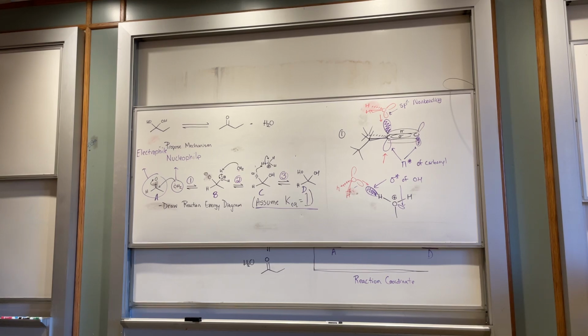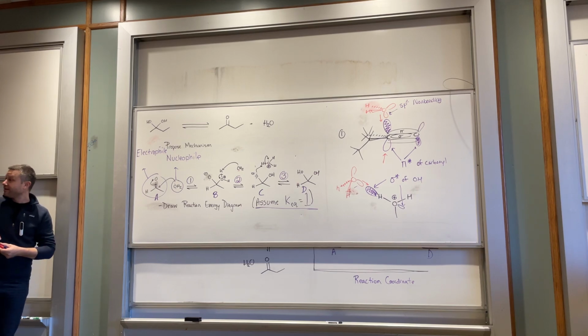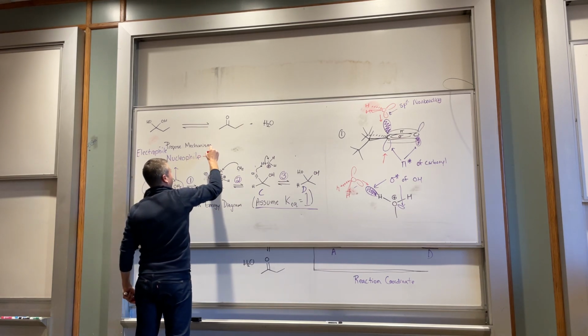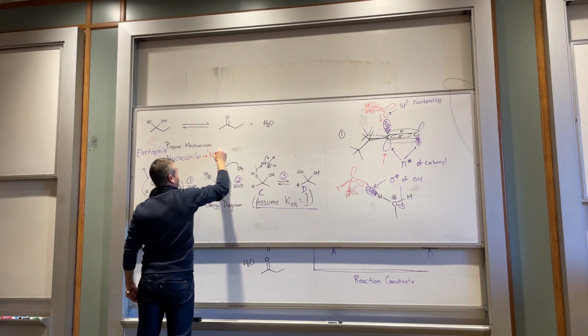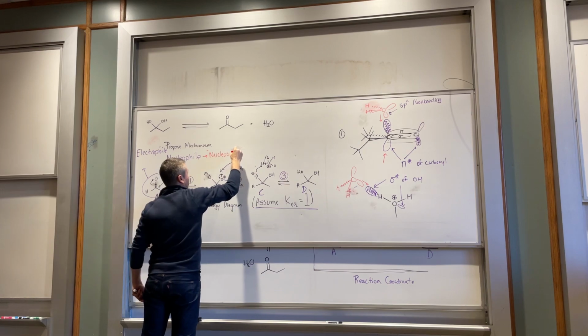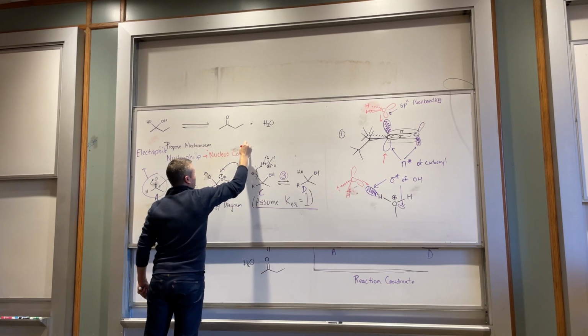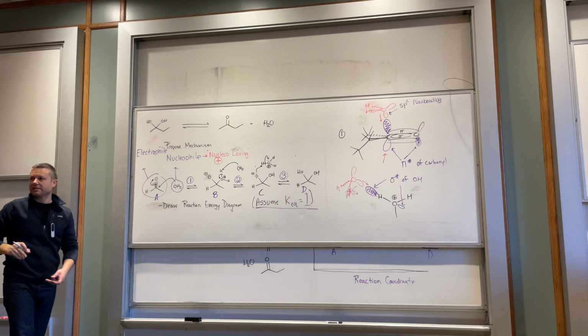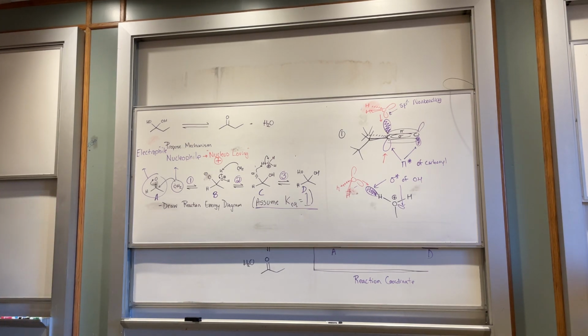Something that wants, well, nucleus-phile, it wants to. Good, so we can say that this is nucleus loving. And I'll put a positive next to the nucleus, because hopefully everybody recognizes that the nucleus is positively charged.